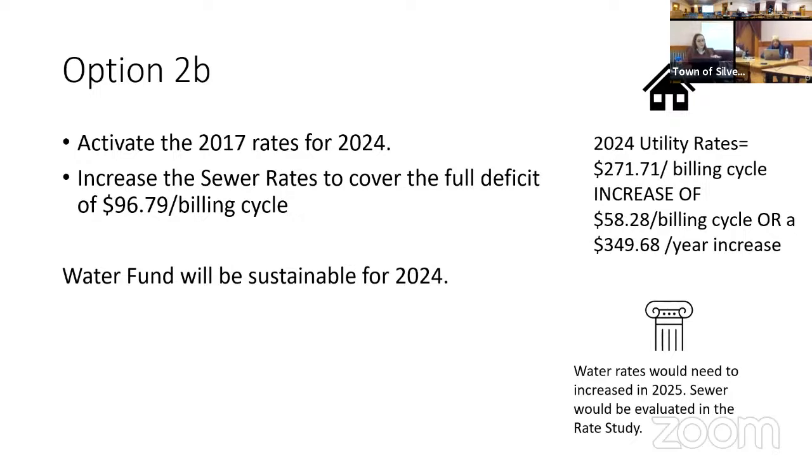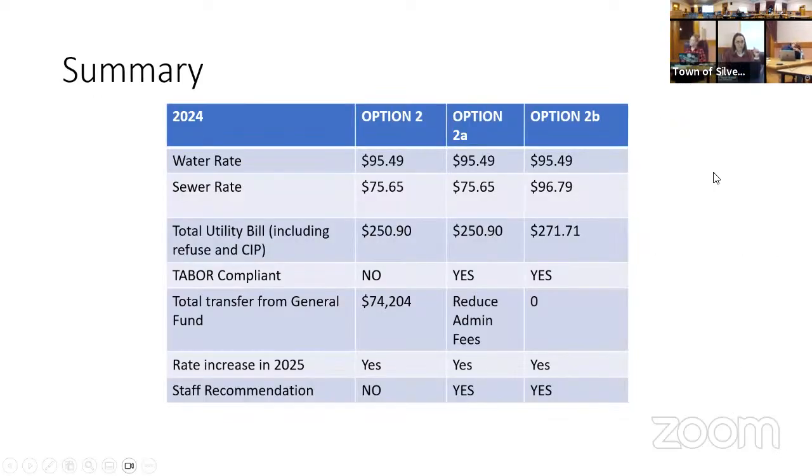We are increasing sewer rates more than the 2017 rates. But at the current rate, even with the capital improvements line item on top of that, we are still just breaking even. And this is a summary of those options.